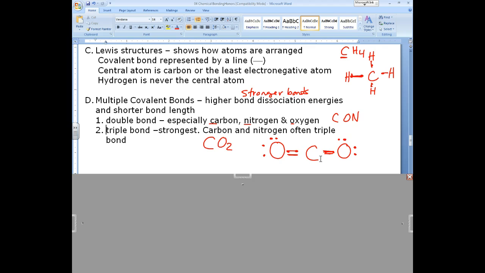Now, be careful. Sometimes I get students and they get to this point and they don't have 8, so they just put more dots. Remember, these represent valence electrons, and you cannot just make an electron by wishing that there was one. No. All right? You have to go with how many electrons the atoms actually have when you're drawing these.